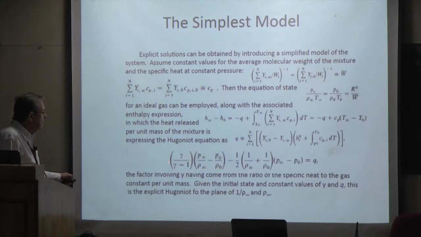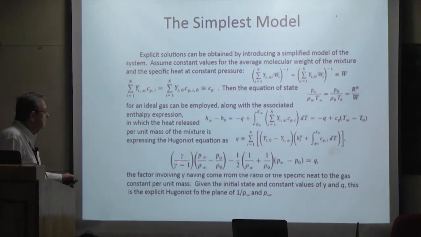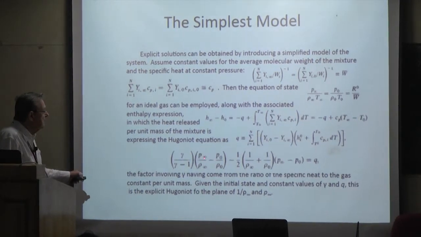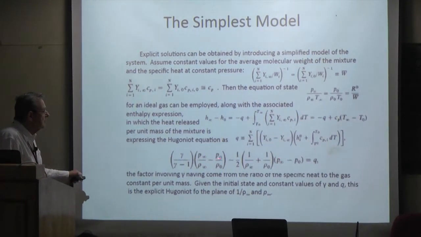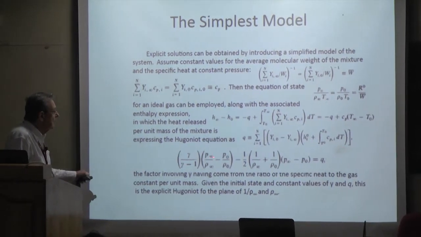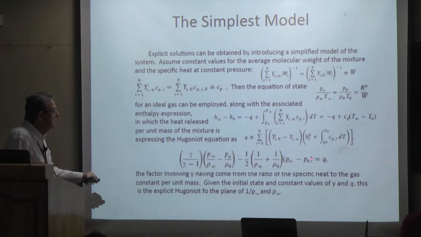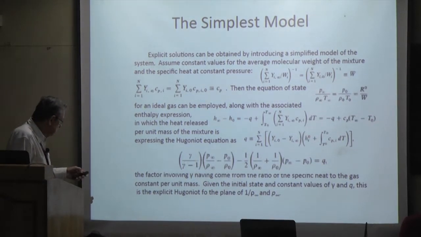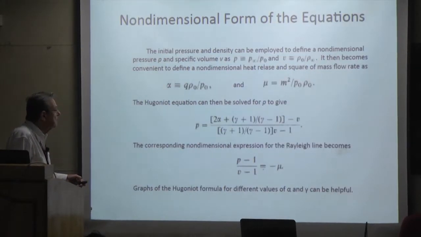And gamma over gamma minus 1 is greater than 1, and so this thing that multiplies P infinity minus P naught is positive, and so P infinity will exceed P naught when Q is positive. It would be less in an endothermic process where Q is negative.